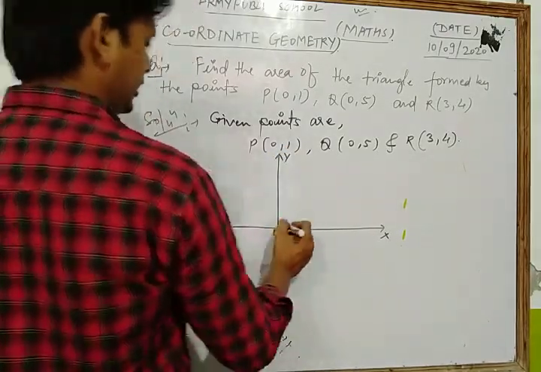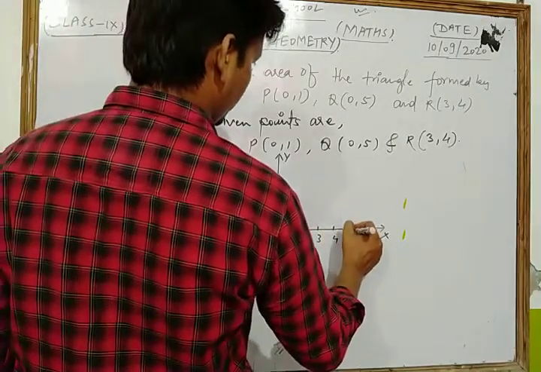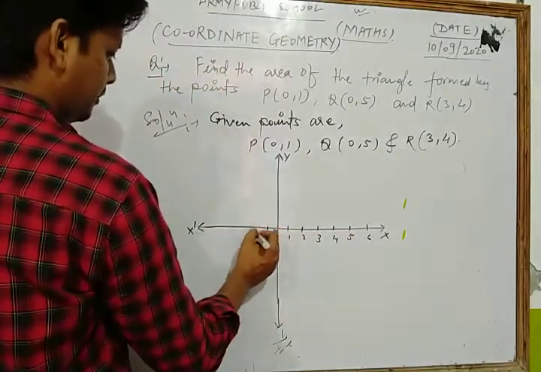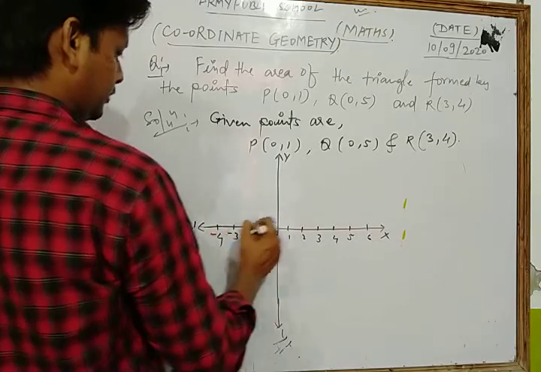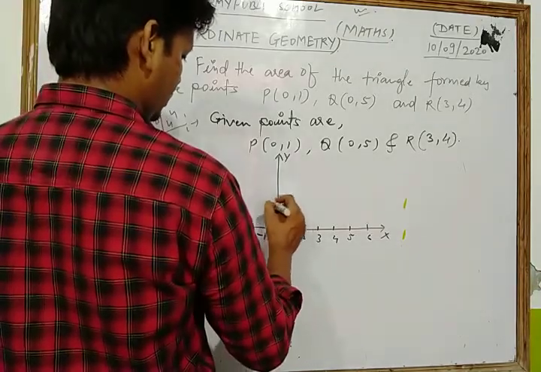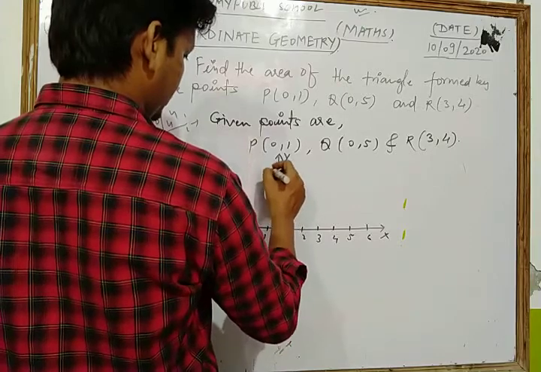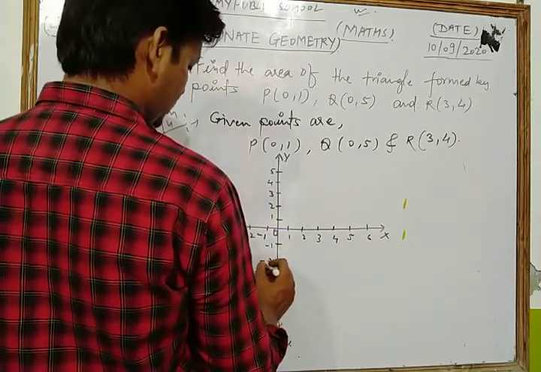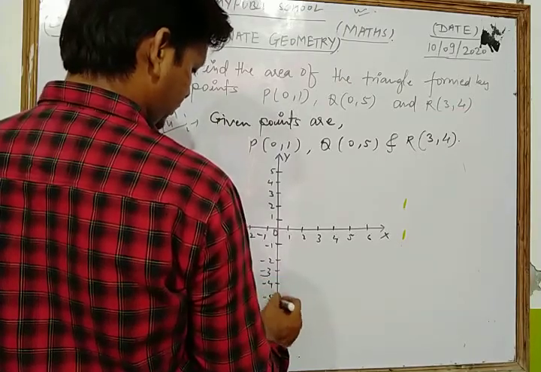Now look, this is +1, +2, +3, +4, +5, +6. This is -1, -2, -3, -4. This is +1, +2, +3, +4, +5. This is -1, -2, -3, -4, -5.